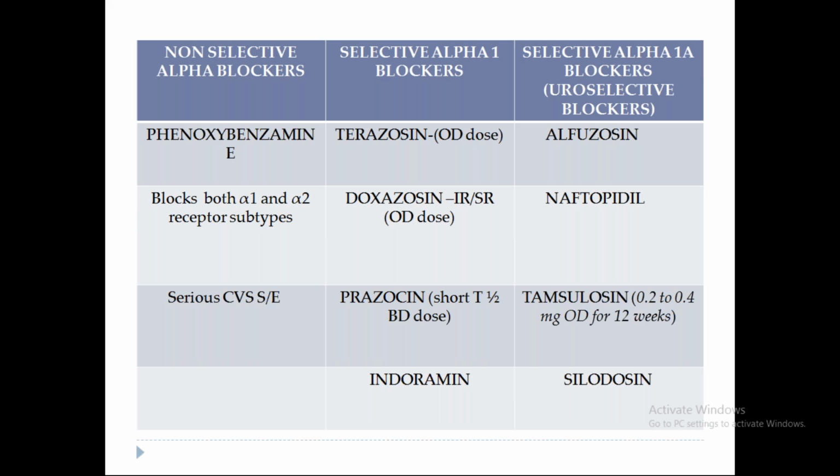These are selective alpha 1 blockers. Coming to our uroselective blockers, those are selective alpha 1A blockers. These include alfuzosin, naftopidil, tamsulosin, and silodosin. Okay, these are the alpha blockers. We give these alpha 1A blockers only.